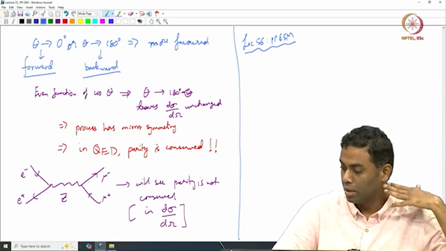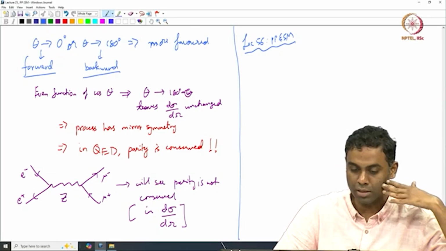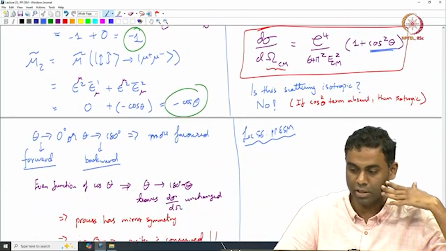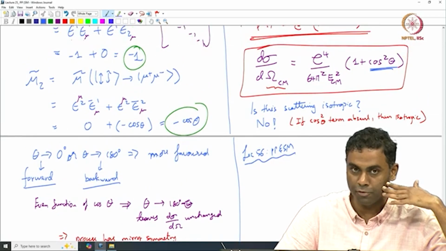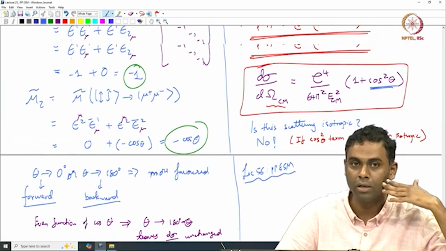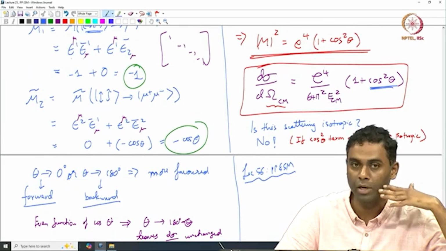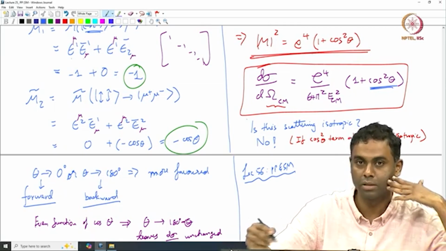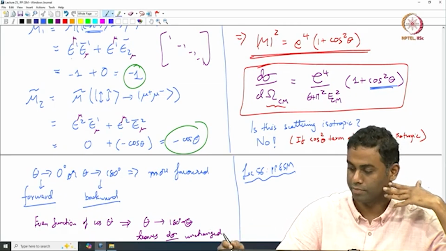One thing to note is that there is a symmetry, but nevertheless the process itself favors the forward and backward directions. The muons and antimuons like going to either 0 degrees or 180 degrees. That is literally what this differential cross section is saying.